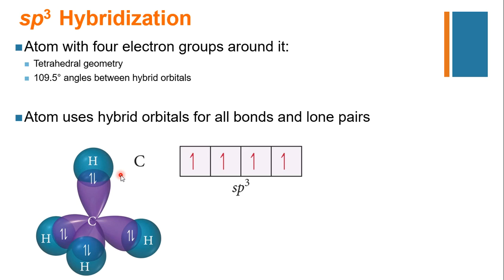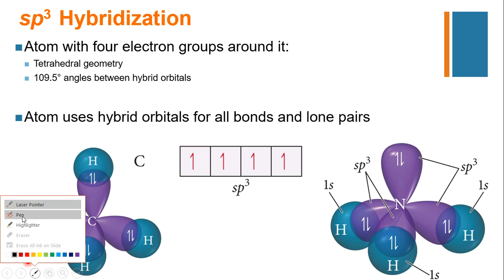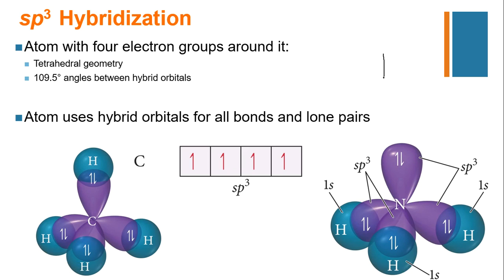The hybrid orbitals don't necessarily have to bond, so they can house lone pairs. So here we see our ammonia example. Again, I'm going to try to do my best to draw this. So NH3, according to the Lewis theory, looks like this.